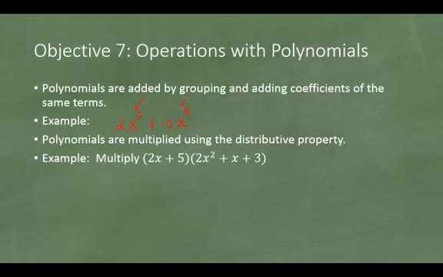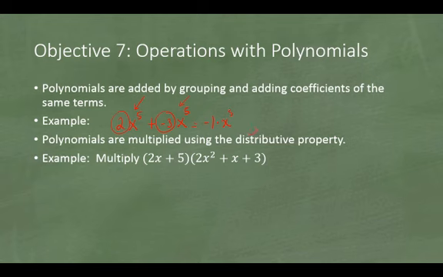X to the 5th and x to the 5th are the same, so you can combine this by just adding the coefficients, 2 and negative 3. 2 and negative 3 is negative 1, times x to the 5th.